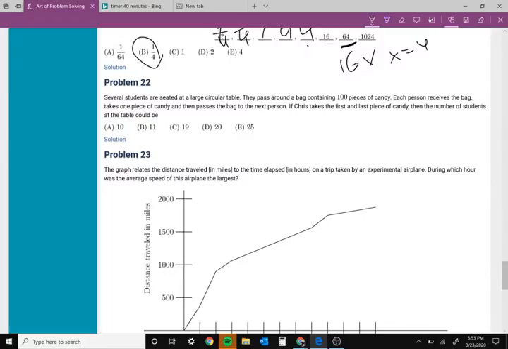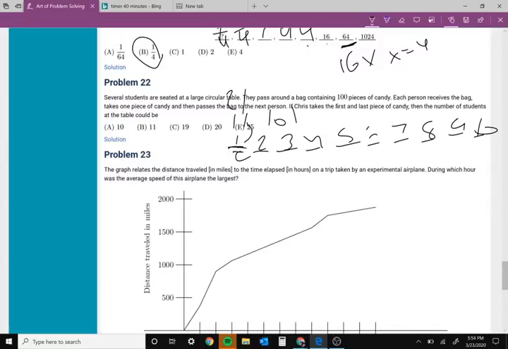If we have 10 people, 1, 2, 3, 4, 5, 6, 7, 8, 9, 10, Chris gets the first one, and then the 11th one. So he gets every 10th, but you start at 1. So he gets the first, the 11th, the 21st, then the 101st.